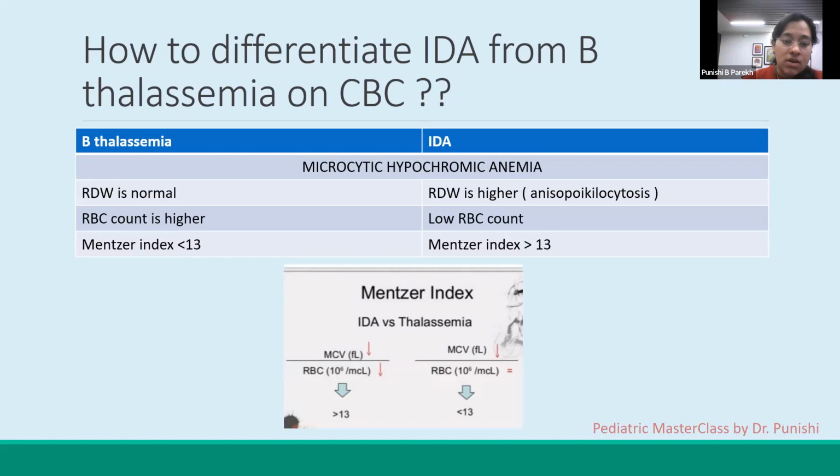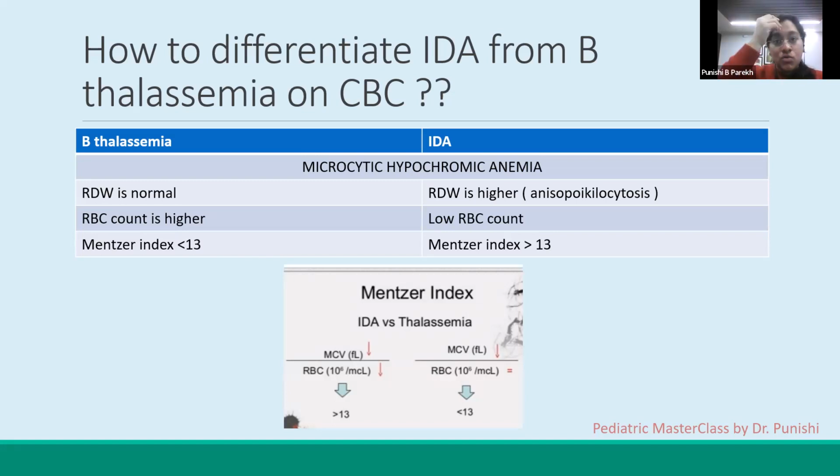When your RBC count decreases, your denominator decreases, so your overall fraction is going to increase. So in iron deficiency anemia, the Mentzer index is more than 13, whereas in thal, the Mentzer index is less than 13. So that is the significance of your Mentzer index, which is MCV upon RBC.